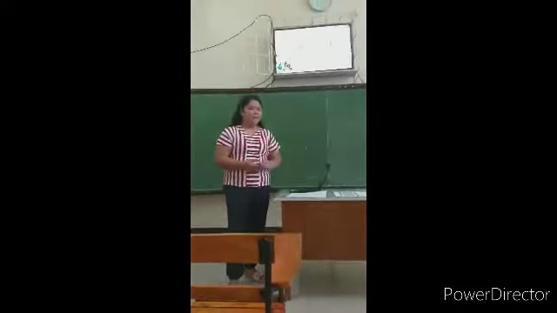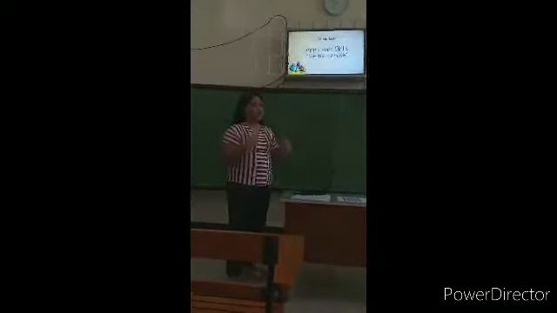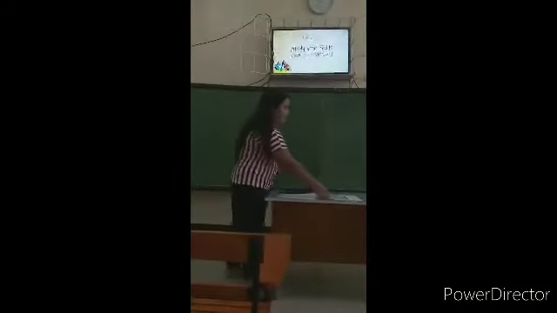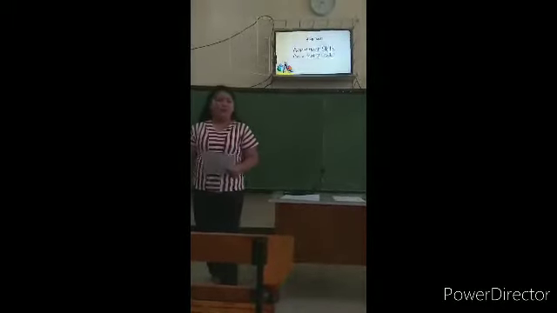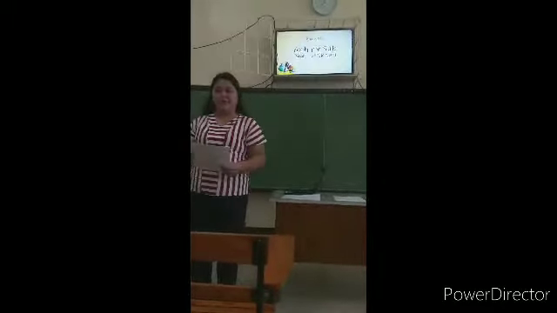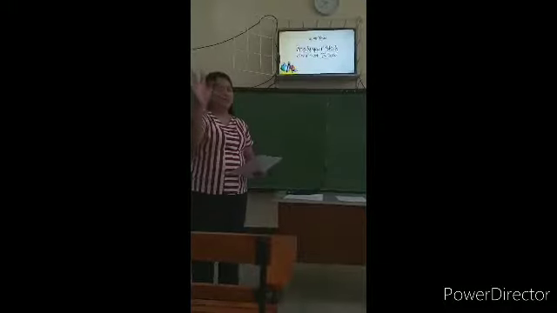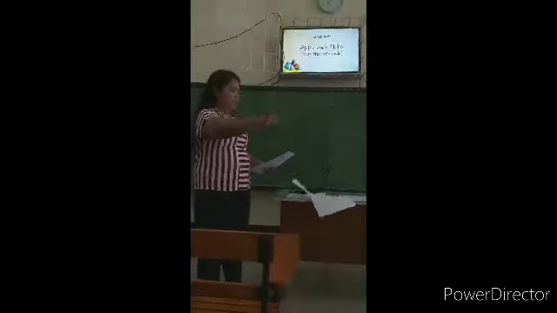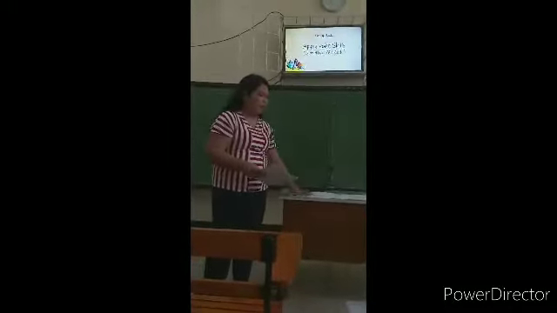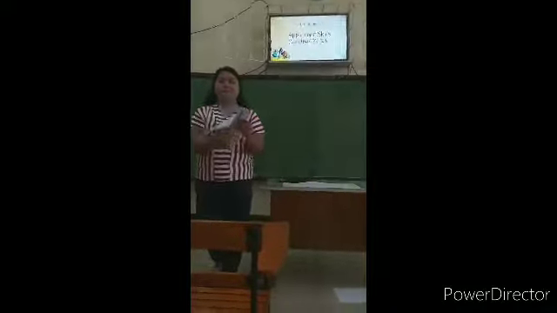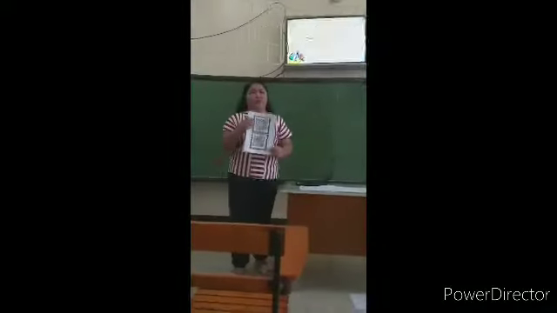Now this time, let us have a group activity. Let us follow the same groupings as a while ago with our initial task. So we have here group 1, group 2, group 3, and group 4. I will be giving you QR codes.